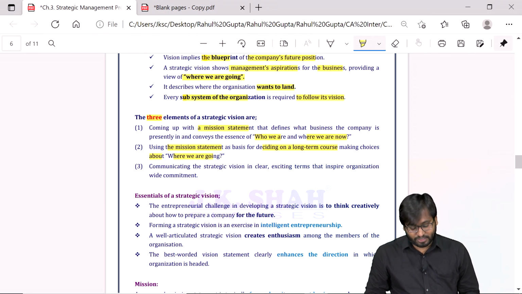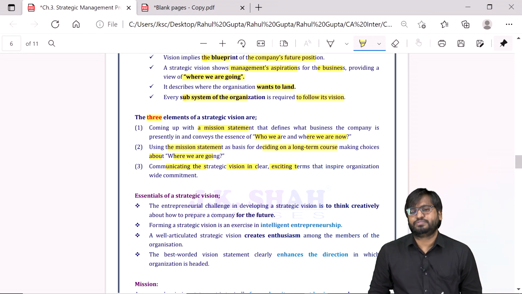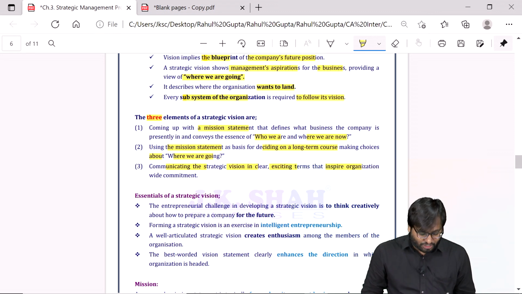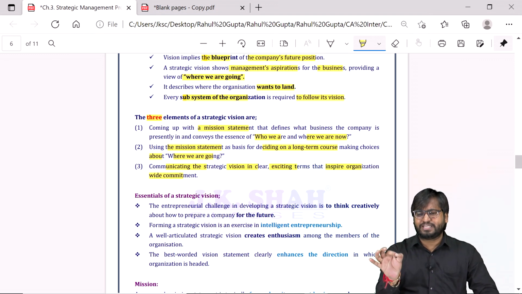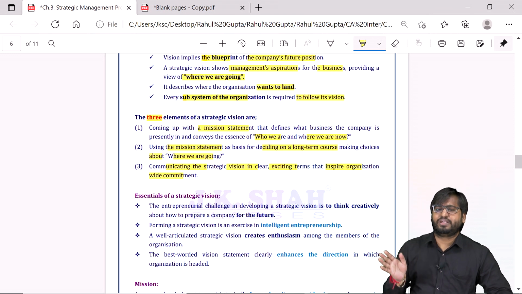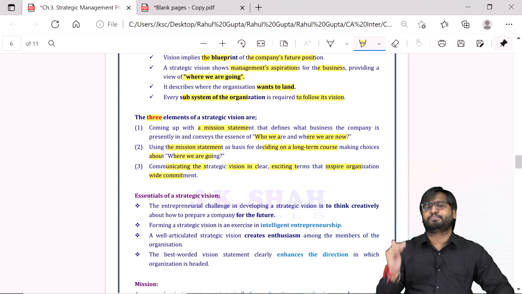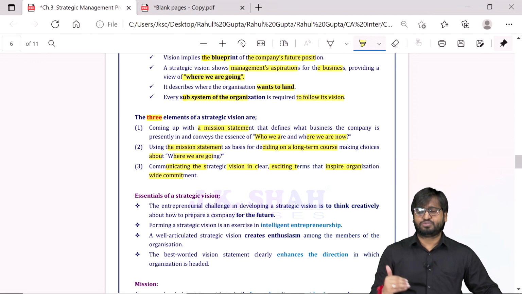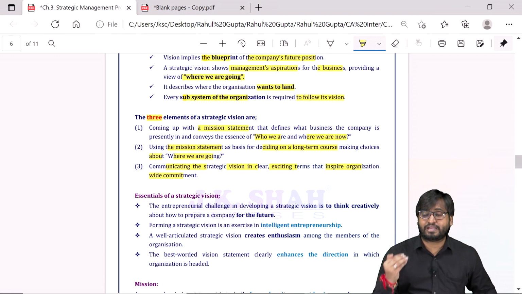Third, communicating the strategic vision in clear, exciting terms that inspire organization-wide commitment. So I will express this in clear terms so that everyone who's associated with the company knows about this vision, so that when it comes to performance, they are motivated, they are excited, they are inspired to perform well.